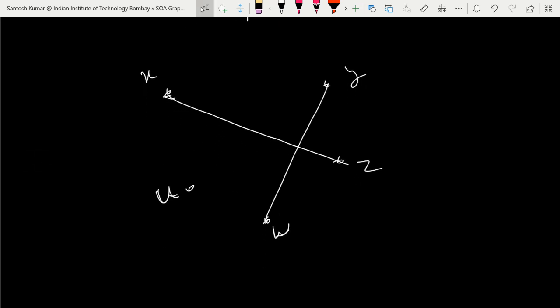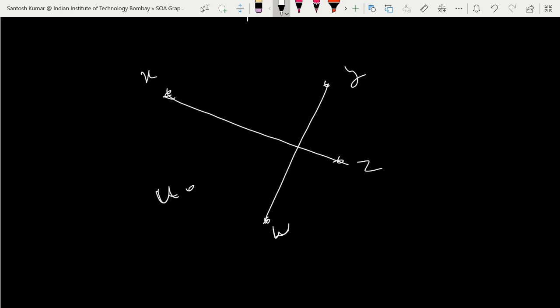Which vertex is the adjacent vertex of x? Z. Okay, adjacent vertex of u, also no multiple edges, right? Okay, so you know the definition of this word, right?